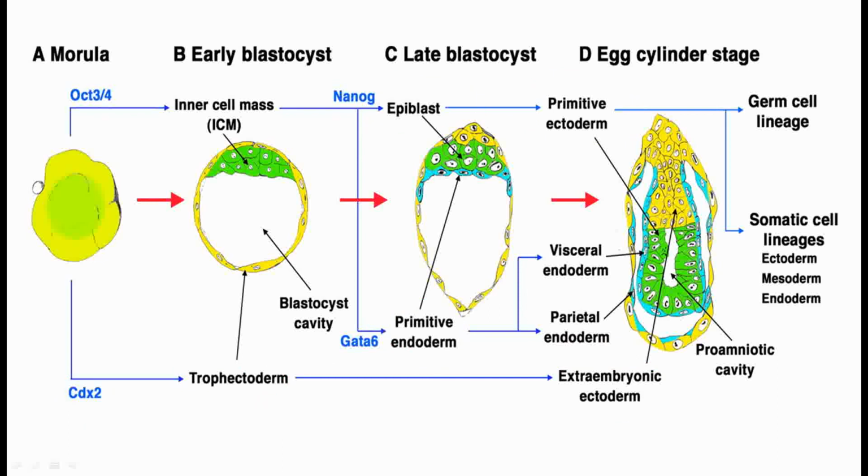Further, this primitive ectoderm forms germ cell lineage and also somatic cell lineage. This somatic cell lineage forms ectoderm, mesoderm and endoderm, while germ cell lineage will form gametes, that is eggs and sperm.